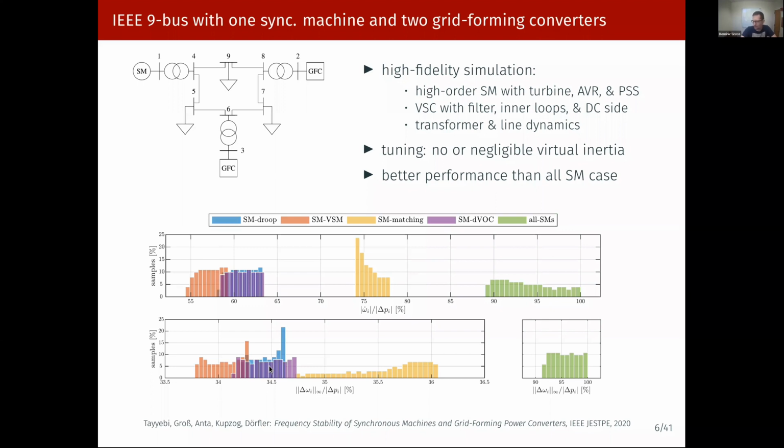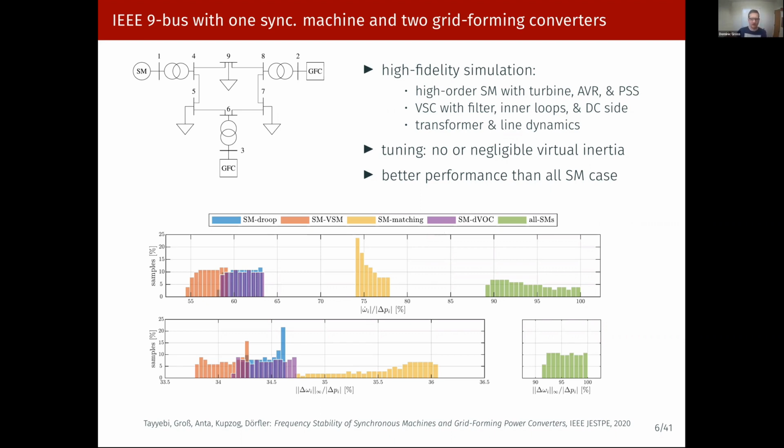And this is just down to the fact that these devices can provide a primary frequency control response basically without any delay, or with very small delay, like in the range of milliseconds. For the machine, you have this first order behavior of the turbine governor system in between.